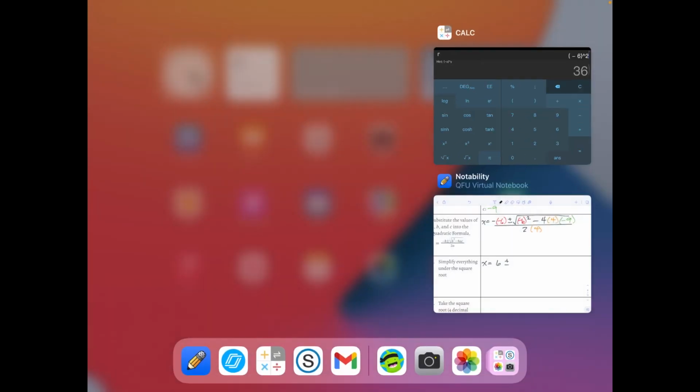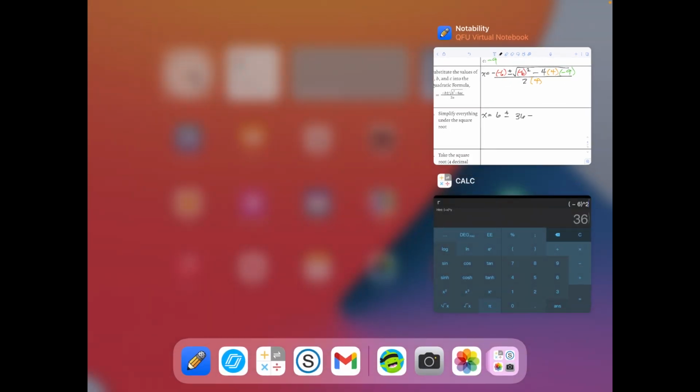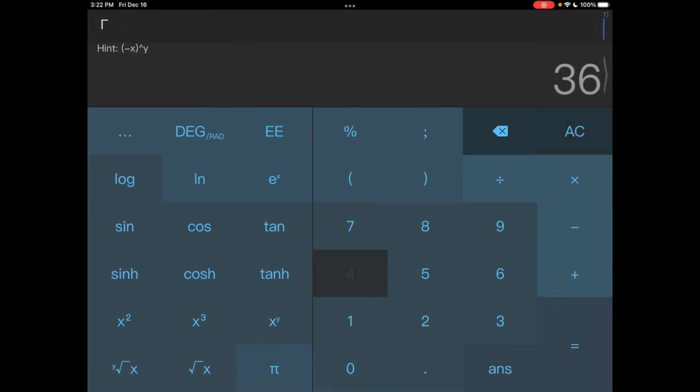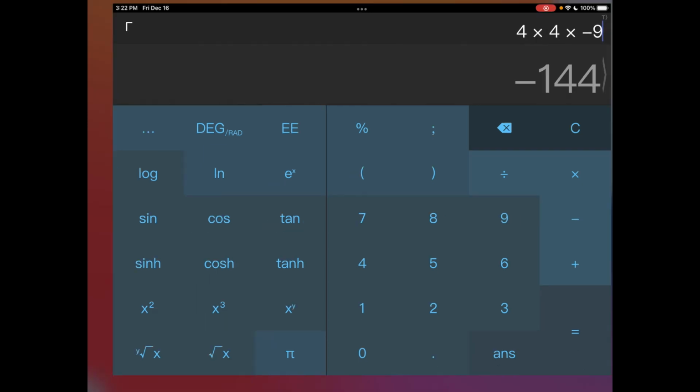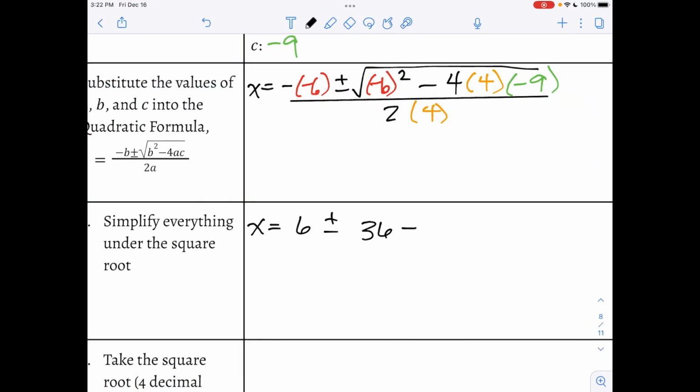So that's 36 minus, and we'll just go straight to our calculator, 4 times negative 9. So negative 144. And 2 times 4 is 8.